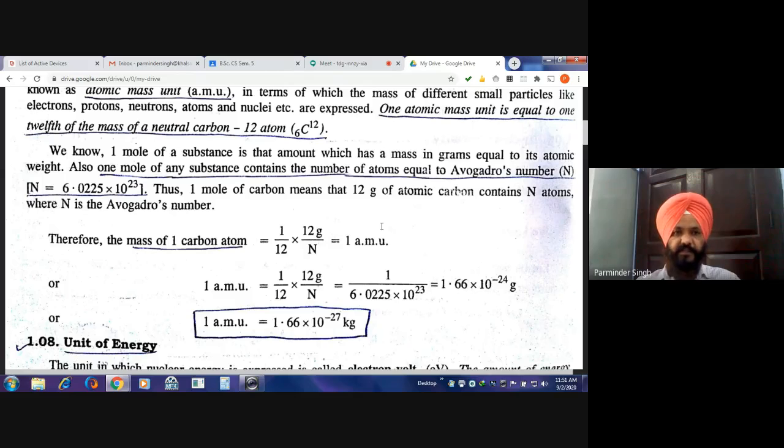If we put in the value of capital N, 6.0225 × 10^23, we are left with 1.66 × 10^-24 gram. So overall, we conclude that one atomic mass unit is always equal to 1.66 × 10^-27 kilogram.